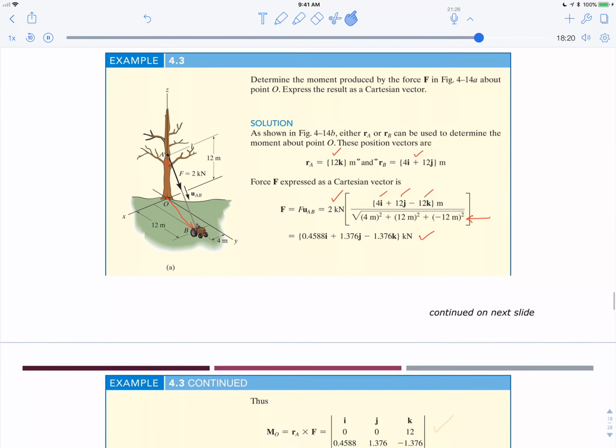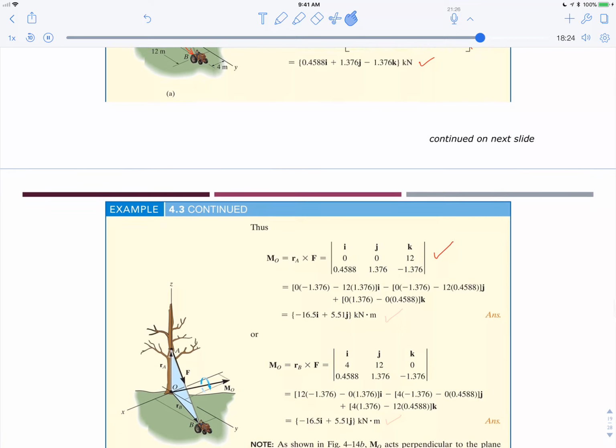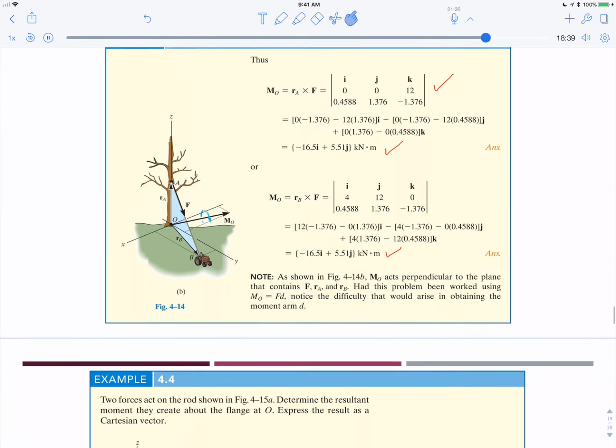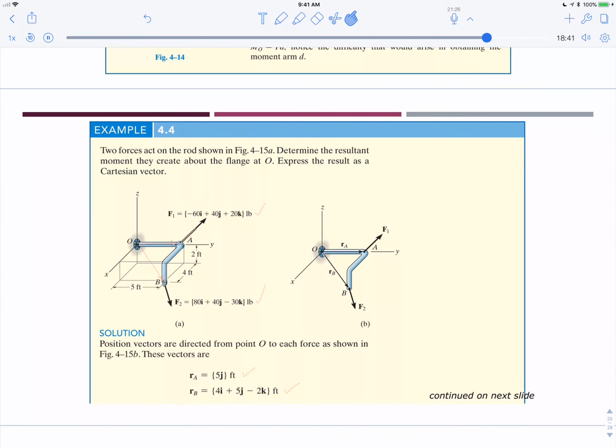Well, you do RA cross F, follow the math, and you get this answer. Oh, here they do both of them. You do RB cross F, you get this answer. Hopefully they're the same, and yes, they are. That's all you do.